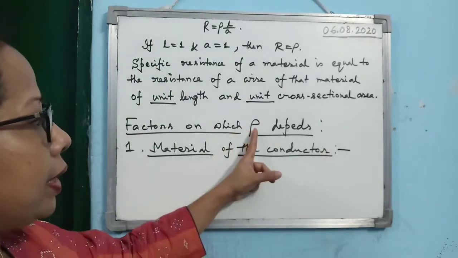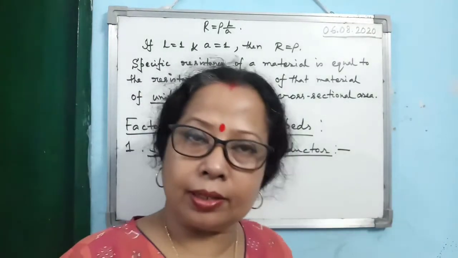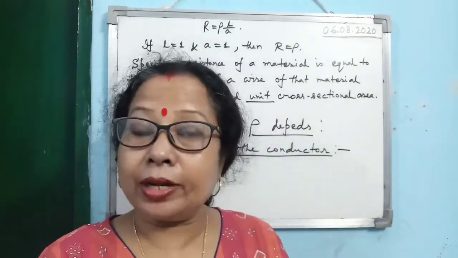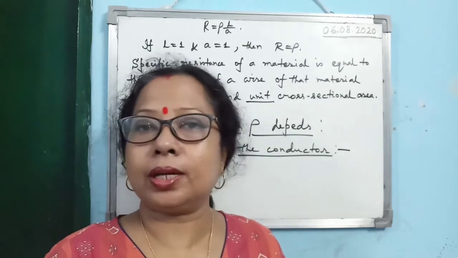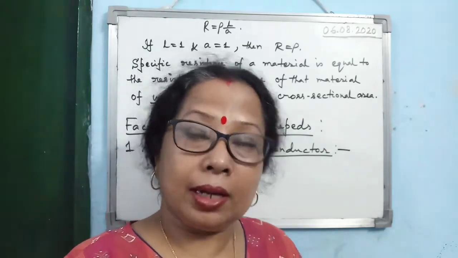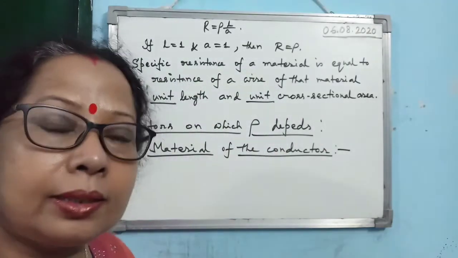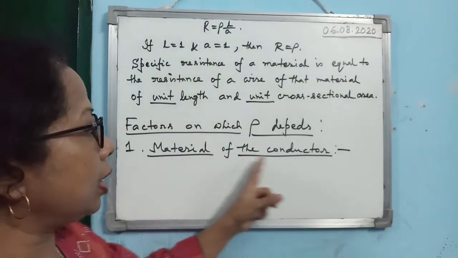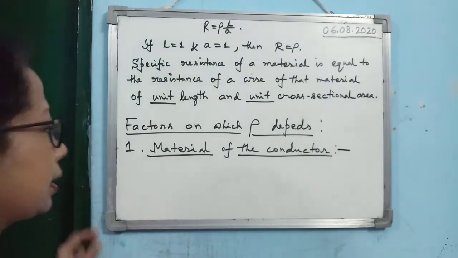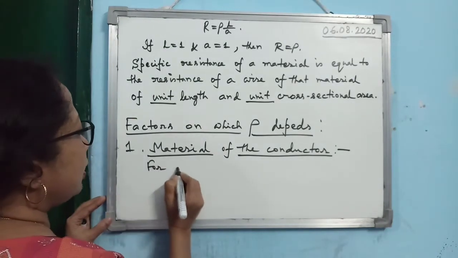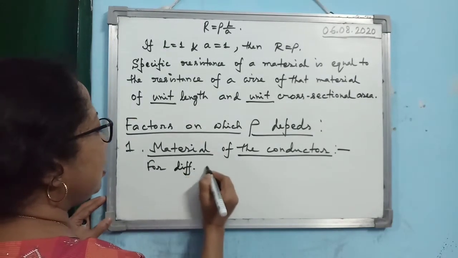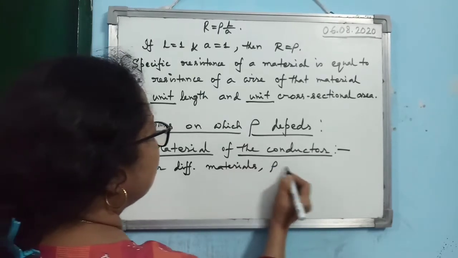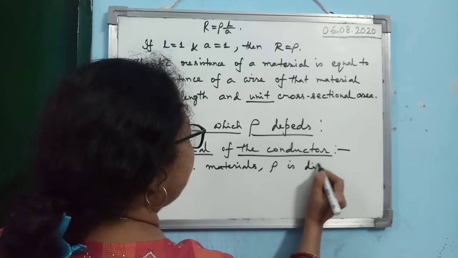Remember, specific resistance does not depend on the length and cross-sectional area of the conductor, but resistance depends on them. Specific resistance depends on the material of the conductor. For different materials, rho is different.